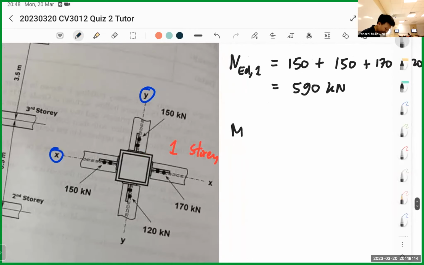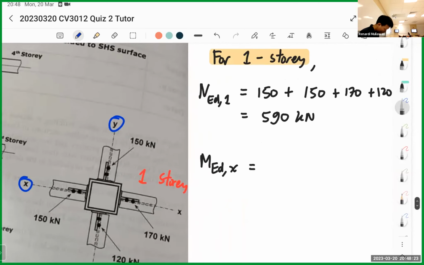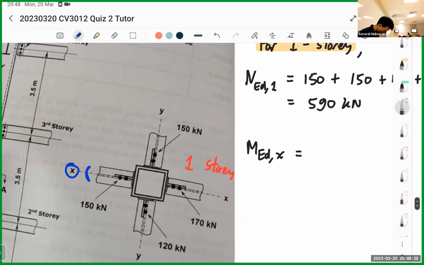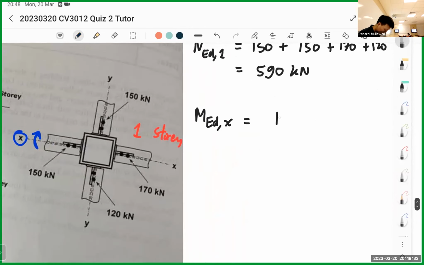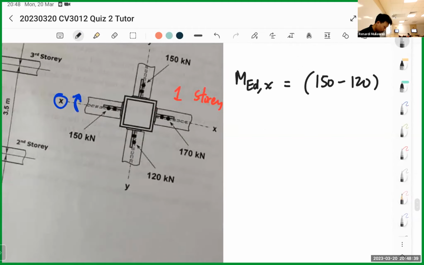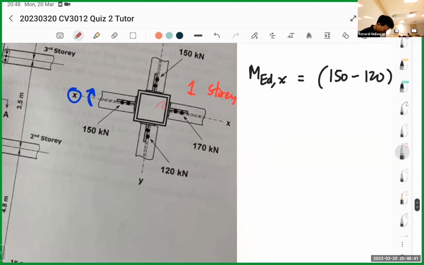XX first, MEDX. X is this one, so the moment goes this way. It's affected by 150 and 120, so it's basically 150 minus 120 because we're taking the resultant. And we need to find the eccentricity as well.